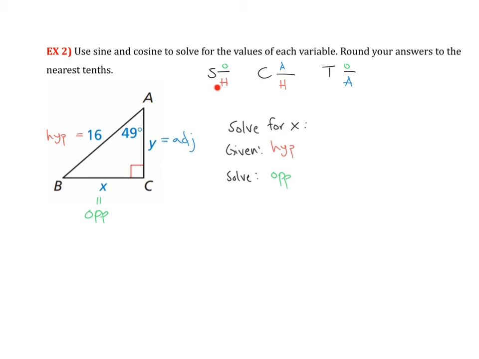So now we take a look at our three trig ratios, SOH, CAH, and TOA, to determine which one has both of the sides, opposite and hypotenuse. And it just so happens that SOH is opposite divided by hypotenuse. So we're going to go ahead and use sine to solve for x.